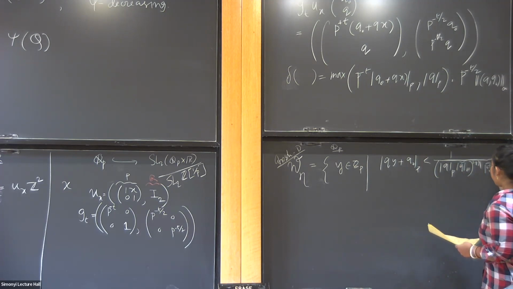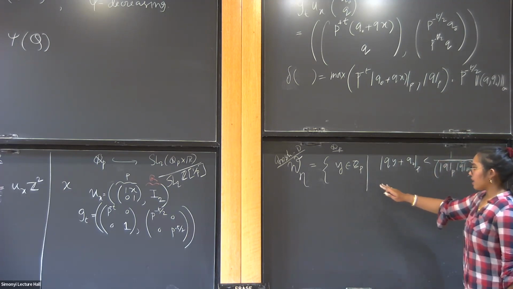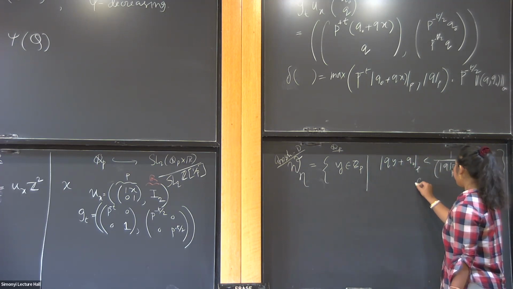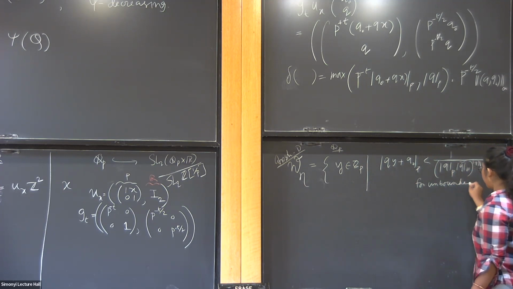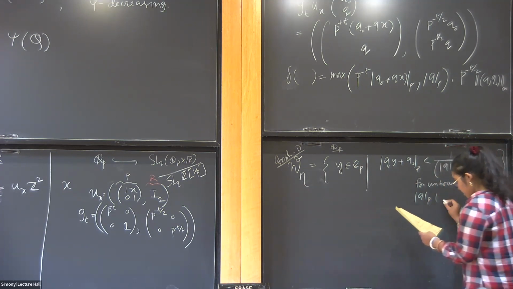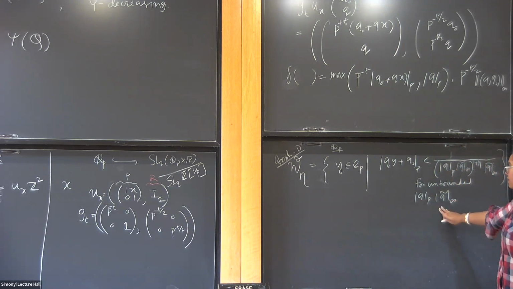So let's say I have this definition that I call something eta-approximable if this happens for unboundedly many q tilde, where q tilde is not in Z but in Z[1/p].